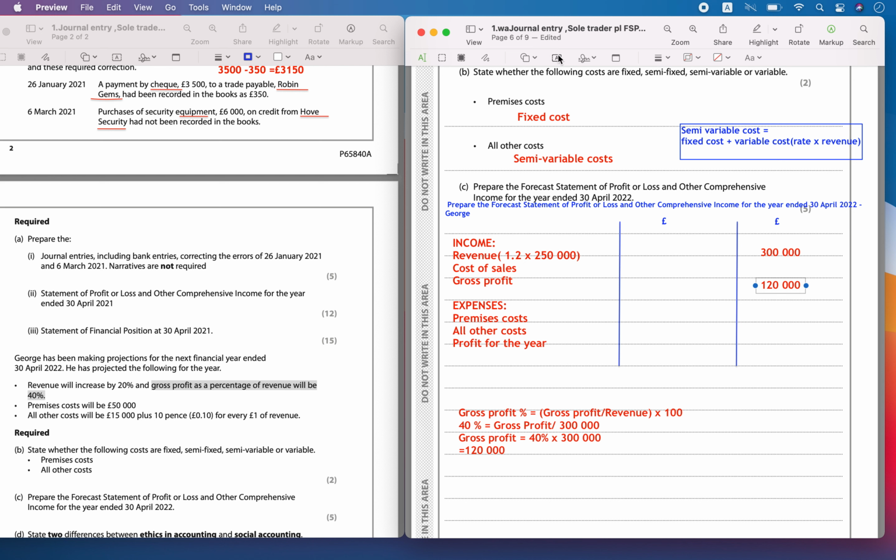From this we can calculate the cost of sales: 300 minus 120, which is equal to 180,000. Revenue minus cost of sales equals gross profit, so 300,000 minus 120,000, and the gross profit is nothing but 40% of this value.